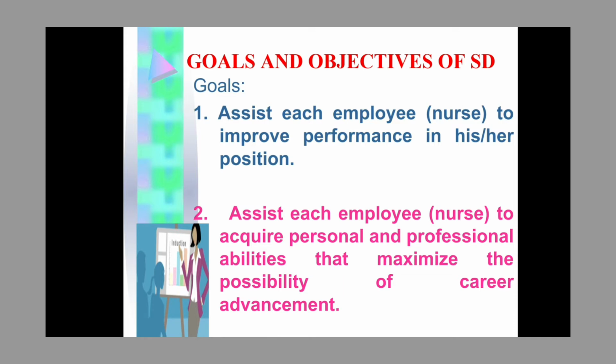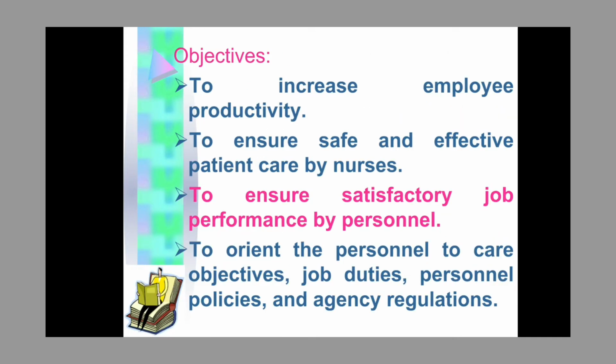Assist each employee to acquire personal and professional abilities that maximize the possibility of career advancement. Especially the employees have to update themselves for career advancement or for their further growth. I think it's clear.